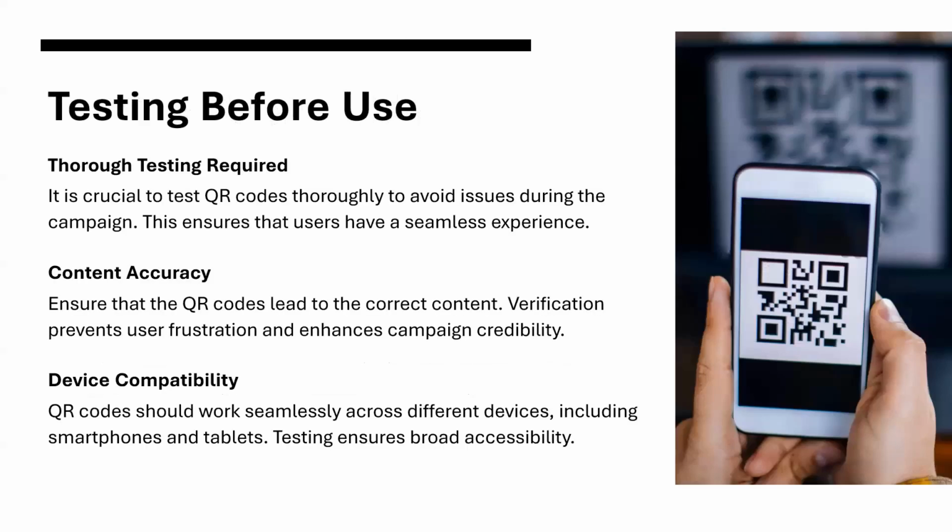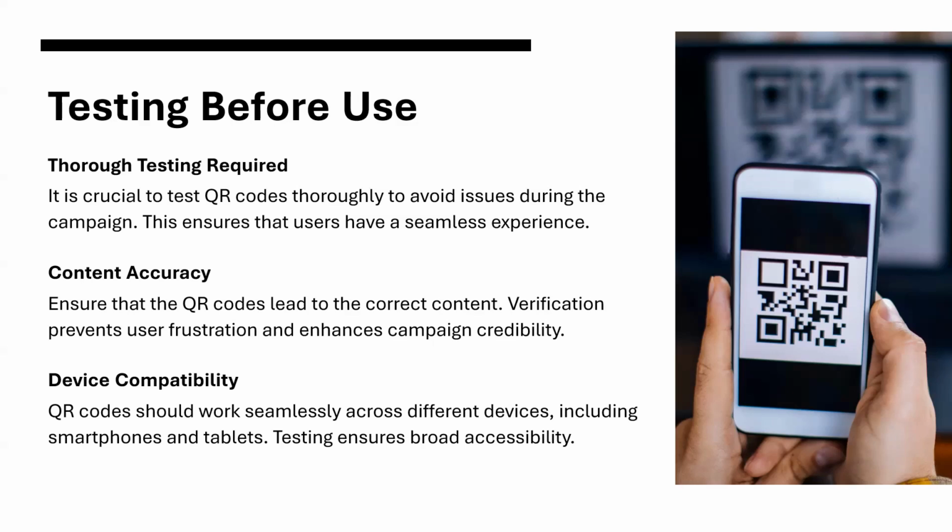Another great practice is, and I hope you do this with everything you produce, is that you test it before you use it. All you have to do is pull out your phone or whatever device you're using to scan the QR code and make sure it goes to exactly where you want it to go.